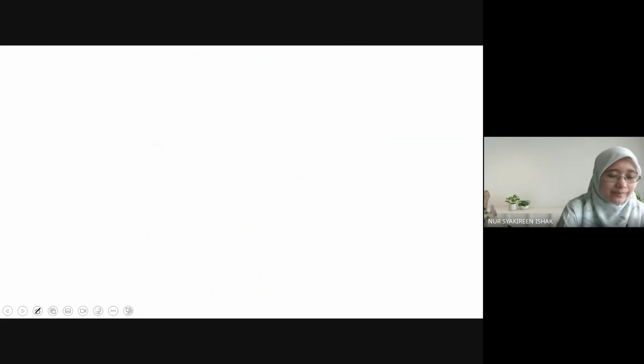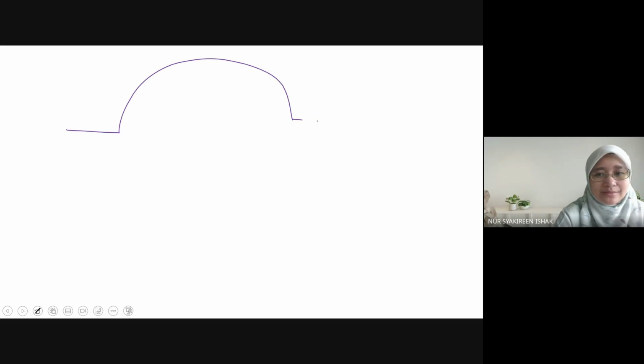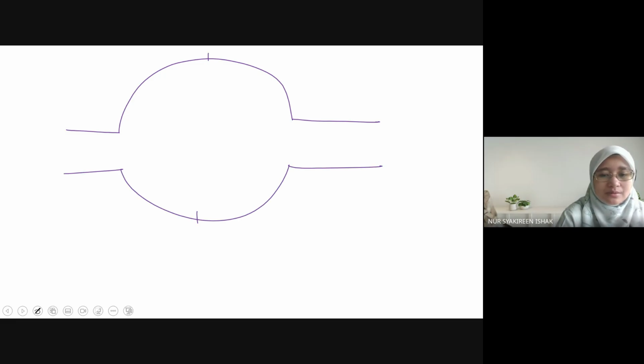Saya draw lah bulat. Garis mula. This is the replication bubble. Okay. Origin of replication. Okay. So kita nak sekarang ni kan, you have to know the numbering on the template.